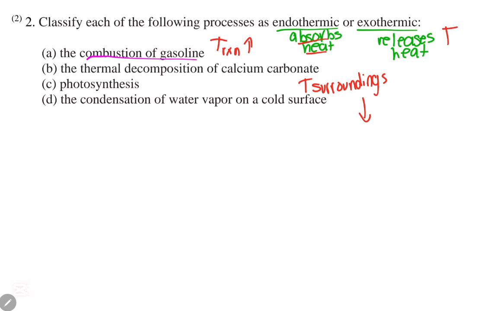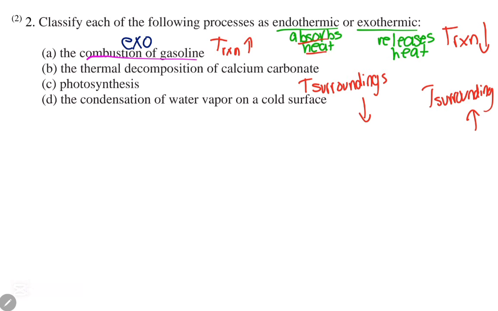If I am releasing heat, the temperature of the reaction is going to decrease because it's losing energy, whereas the temperature of the surroundings is going to increase because there's heat being added to it. So for the combustion of gasoline, I'm not feeling the reaction itself, I'm feeling the surroundings. So if the surroundings are warm, then what can I say? I can say that it is an exothermic reaction.